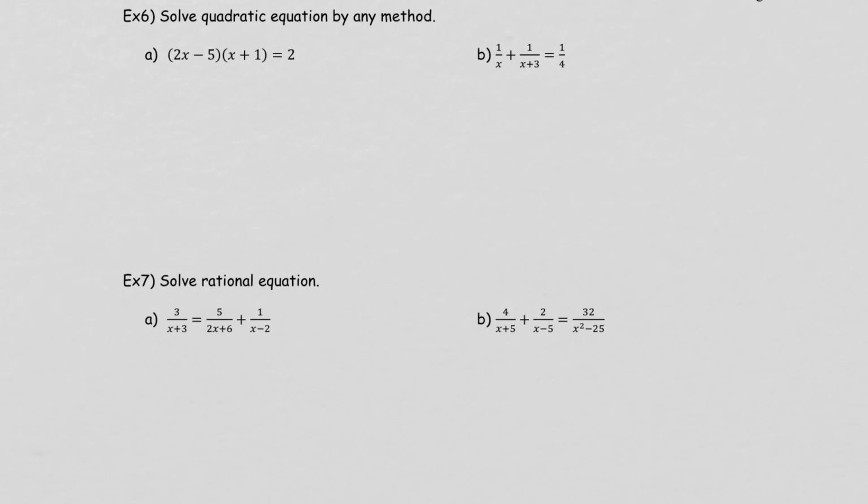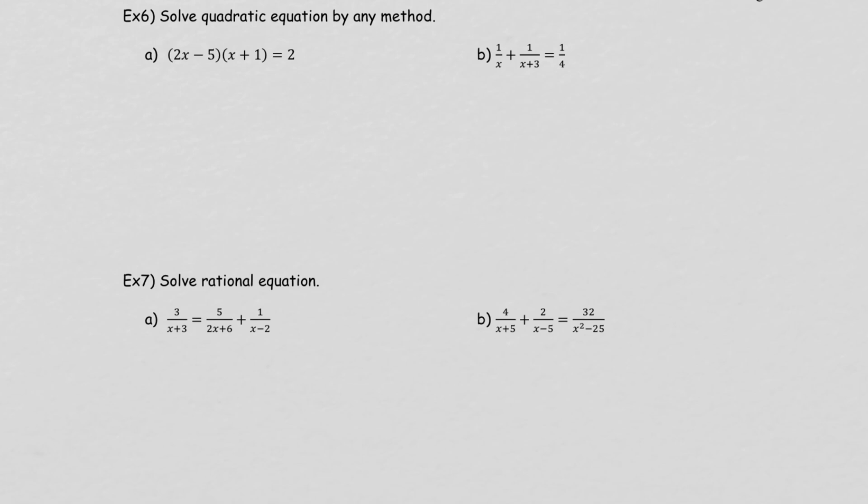Because solving quadratic equations is so important. Why? Because no matter what type of equation you get, you want to reduce that equation into either linear or quadratic and solve from there. So if you know how to solve linear equations and you know how to solve quadratic equations by any method, and if you learn how to make a given equation into either quadratic or linear, then you should know how to solve it from there, right?